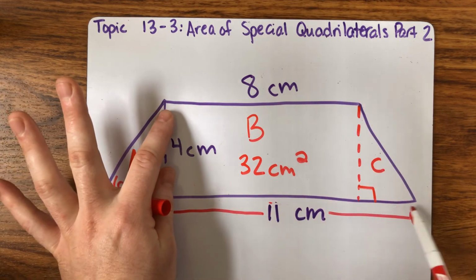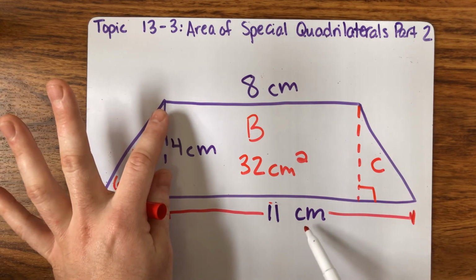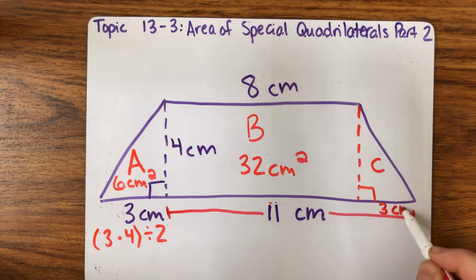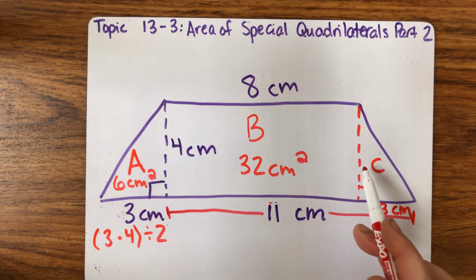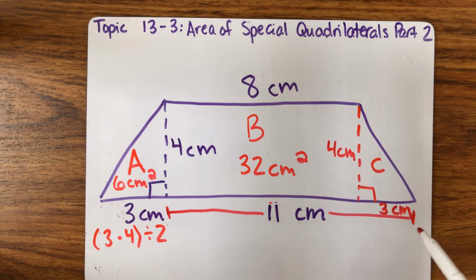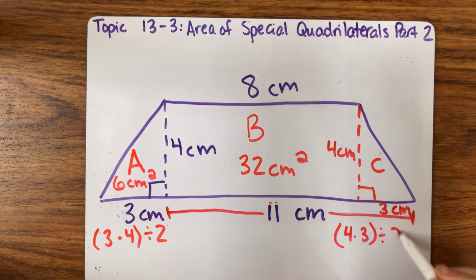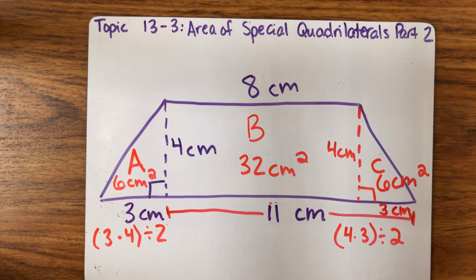So I need to find that remaining amount. So 11 minus 8 gives me 3 centimeters as my base. 4 is my height over here. So 4 times 3 is 12 divided by 2. We again get 6 centimeters squared, okay?